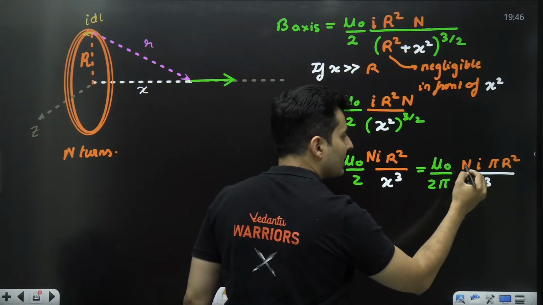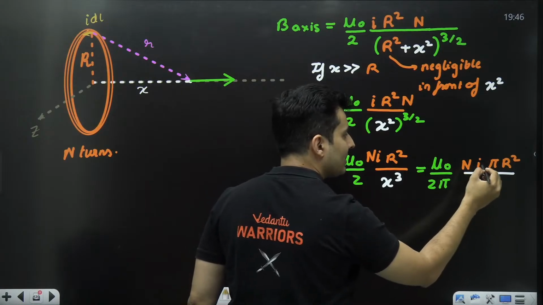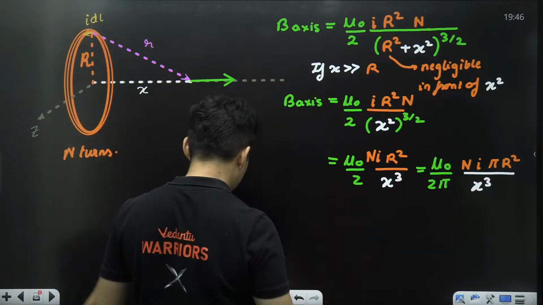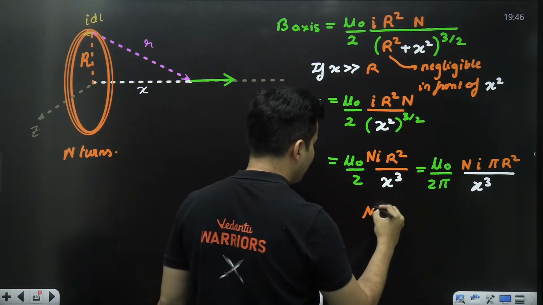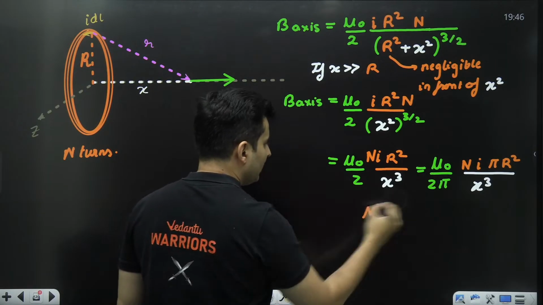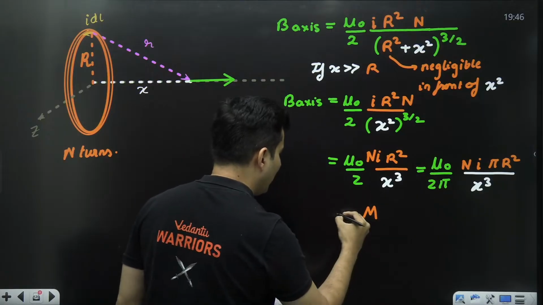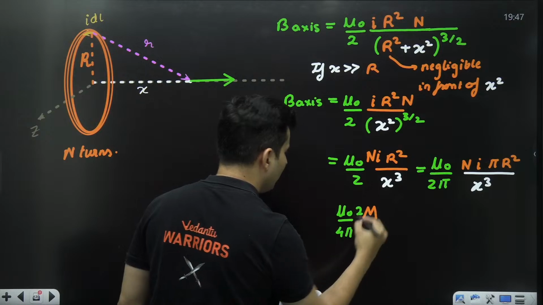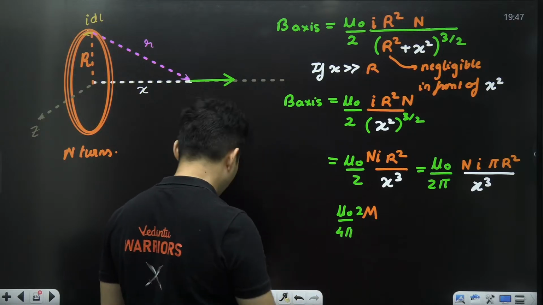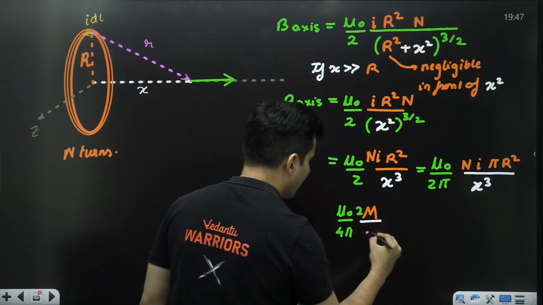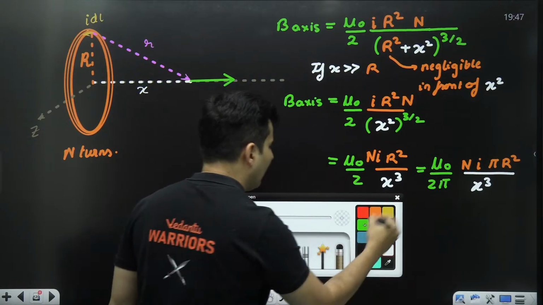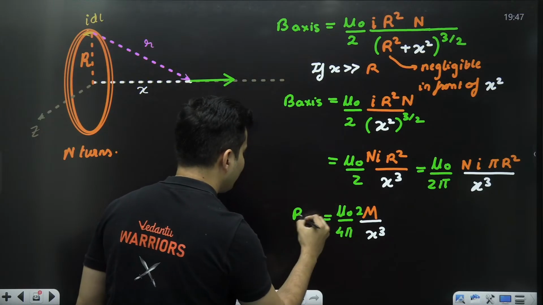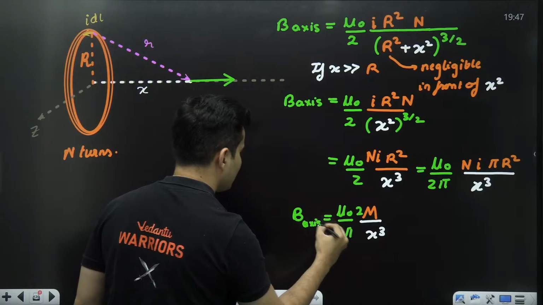N I pi r square, N I A, number of turns, current into area of that loop. What is it? That is nothing but the magnetic moment. Then instead of mu naught by 2 pi, how about writing it as mu naught by 4 pi? Just put that number 2 on the top. Anyways, it is the same thing. And now write down x cube over here. I will get the magnetic field on the axis.